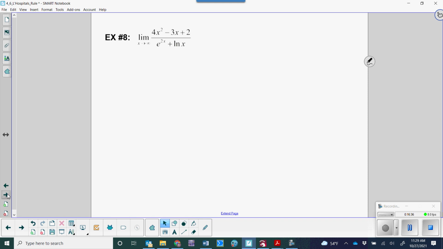I have 4x squared as the biggest thing up there. It's a polynomial. The bottom is an exponential plus another increasing function. Ln increases ridiculously slowly, but it is increasing. So essentially, I'm going to look at the highest things that are making a difference, because those are the things that are going to actually affect the end behavior, which is what we want when we're going to infinity.